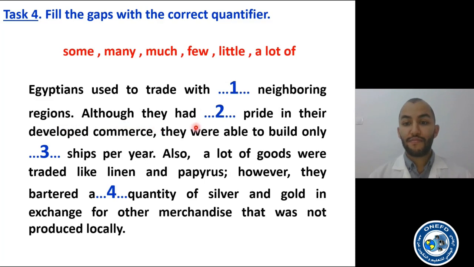Although they had pride in their developed commerce, they were able to build only ships per year. Also, a lot of goods were traded like linen and papyrus. However, they bartered a quantity of silver and gold in exchange for other merchandise that was not produced locally.